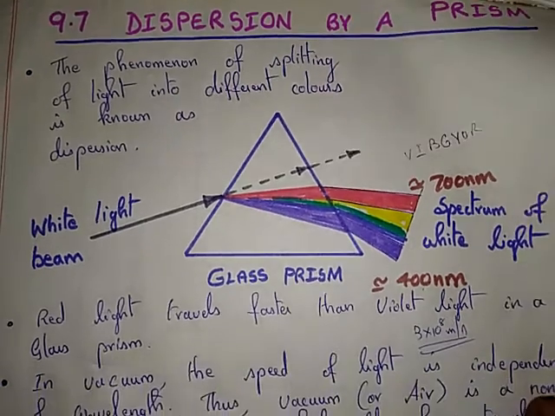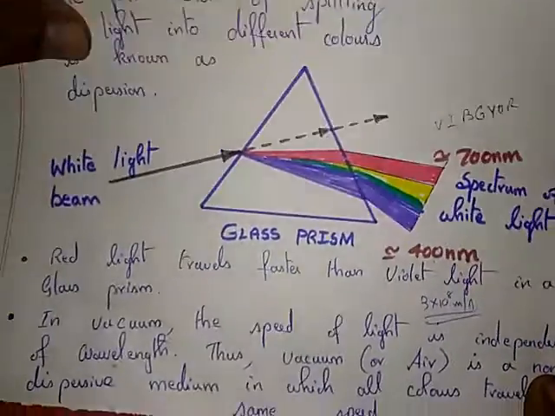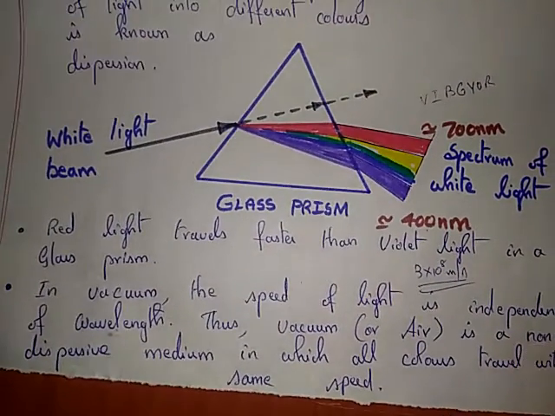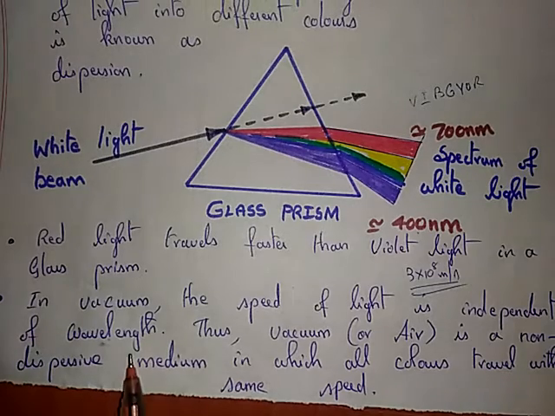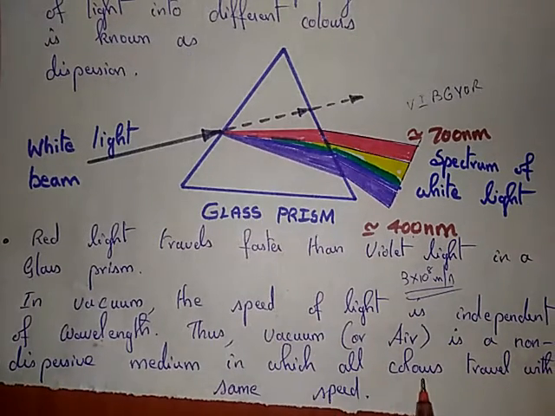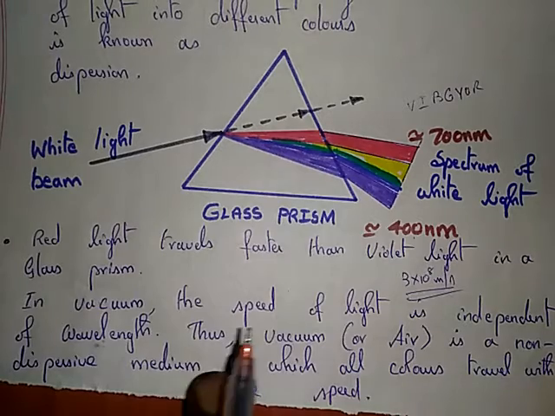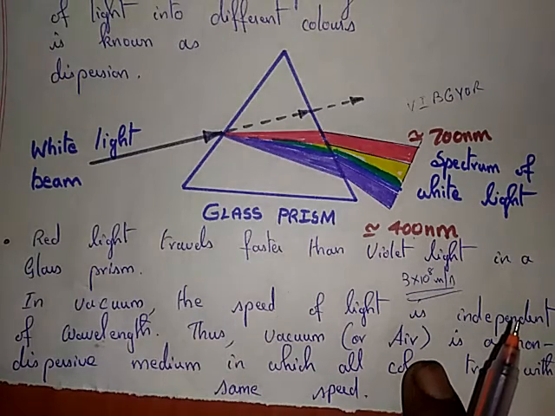Therefore we can conclude that vacuum or air is a non-dispersive medium in which all colors travel with the same speed. So this is an important observation.